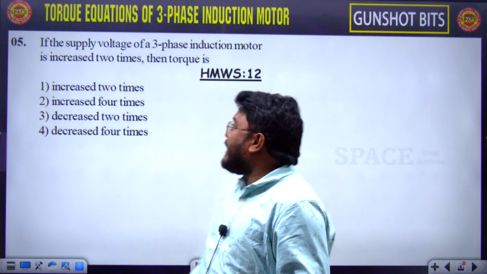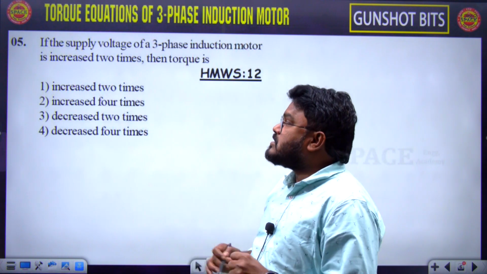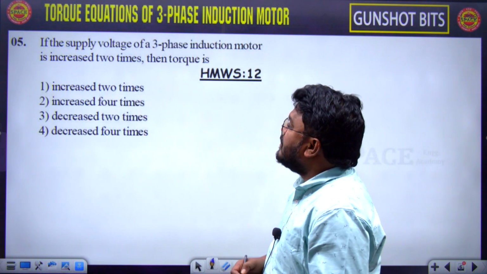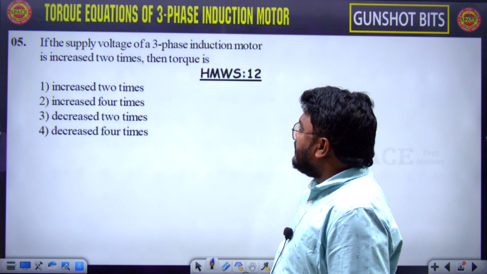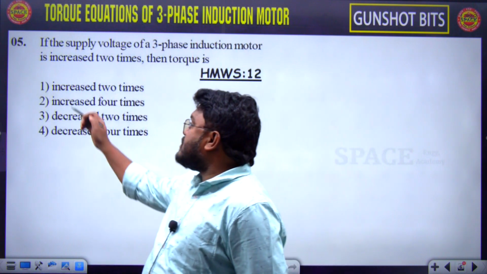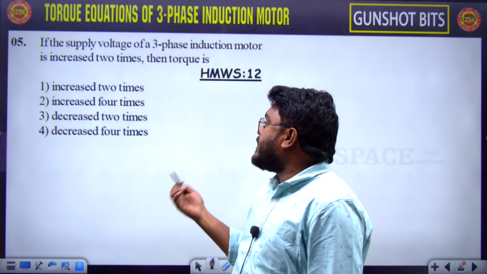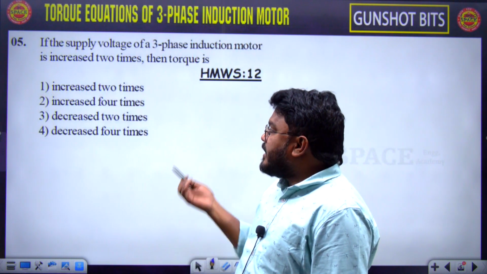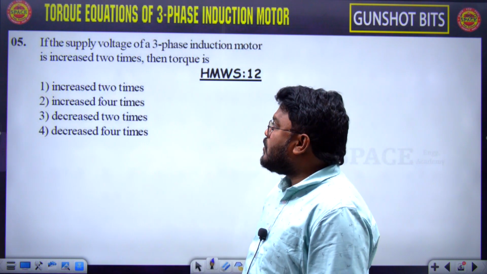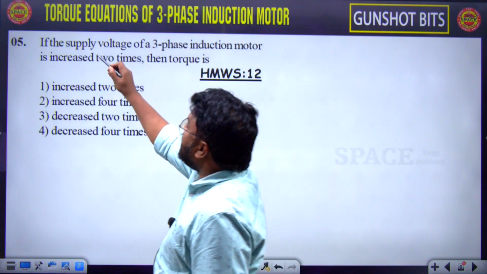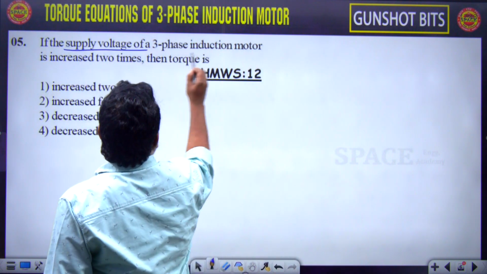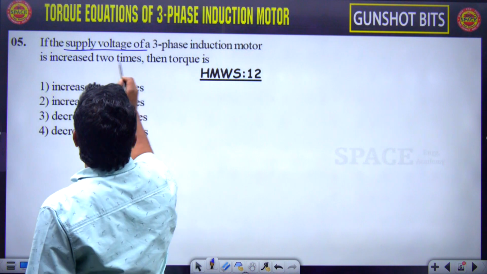If the supply voltage of a 3-phase induction motor is increased to 2 times, then the torque is: option 1, increased to 2 times; option 2, increased to 4 times; option 3, decreased to 2 times; option 4, decreased to 4 times. What is the relation between supply voltage and the torque produced by the motor?